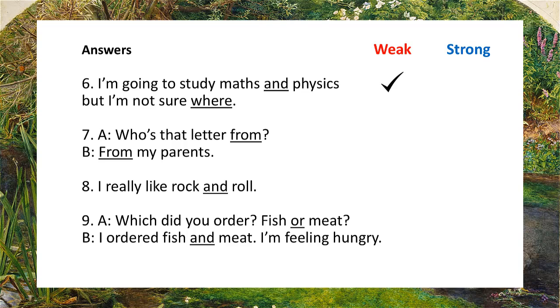I'm going to study maths and physics, but I'm not sure where. Who's that letter from? From my parents. I really like rock and roll. Which did you order, fish or meat? I ordered fish and meat. I'm feeling hungry.